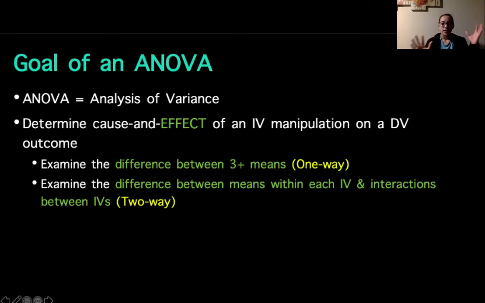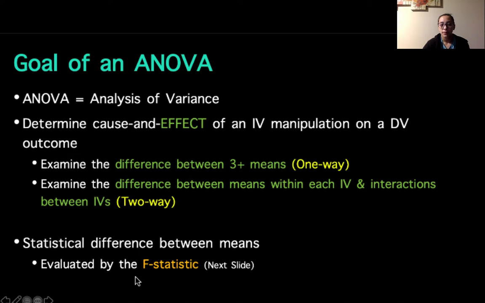So how does a single or multiple independent variables affect the outcome of a dependent variable if they affect the outcome at all? And the major difference, again, between a one-way and a two-way is the number of independent variables that you have in play. Or in a two-way scenario, if you're also interested in the interaction between the 2 variables, you would also want to run a two-way for that reason.